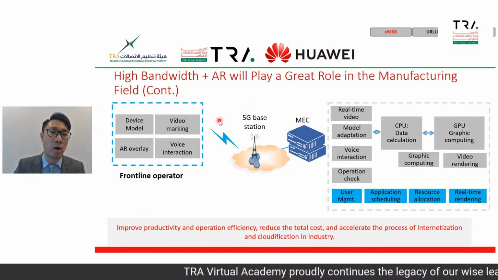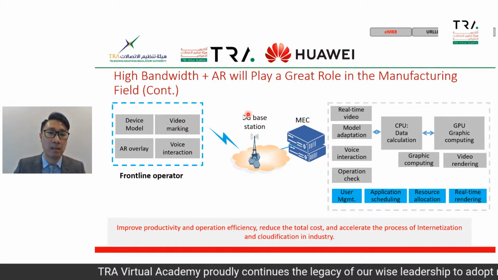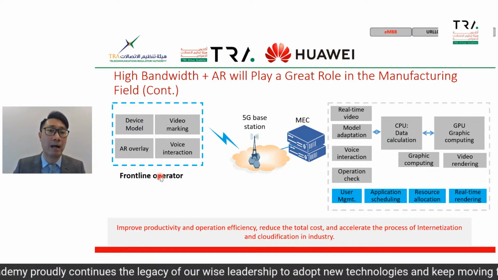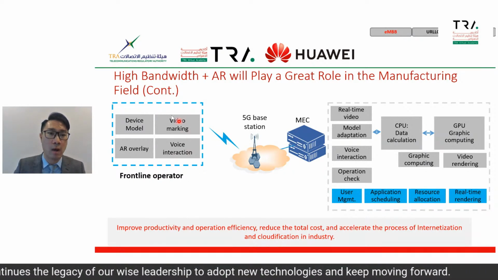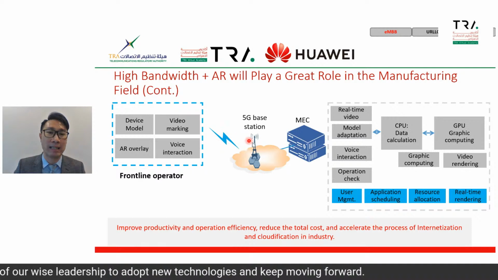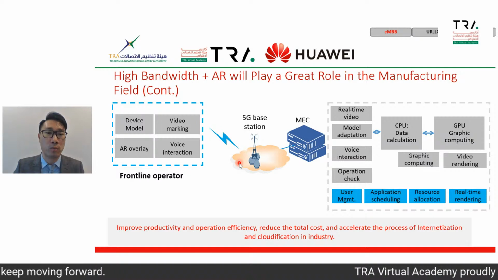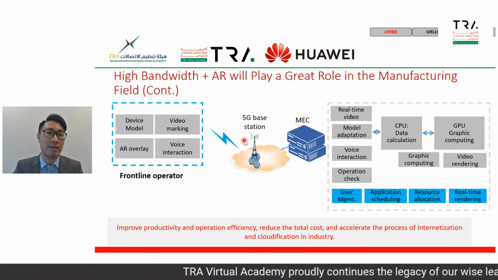By connecting the frontline operator, they will use the AR headset. When they have the headset connected to the 5G base stations, they will enjoy the high throughput connections. So this is what 5G is able to bring.